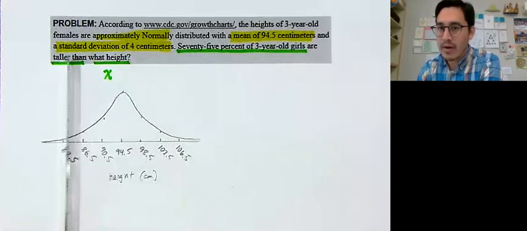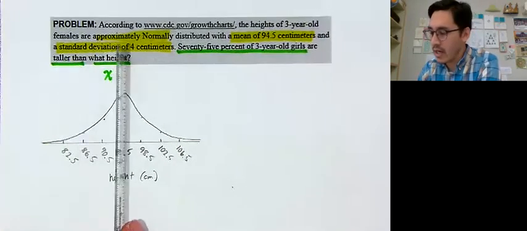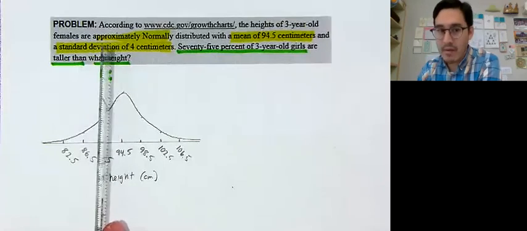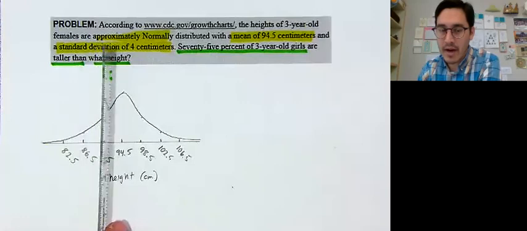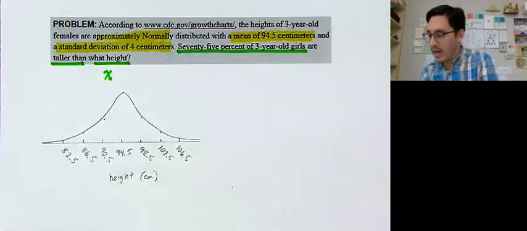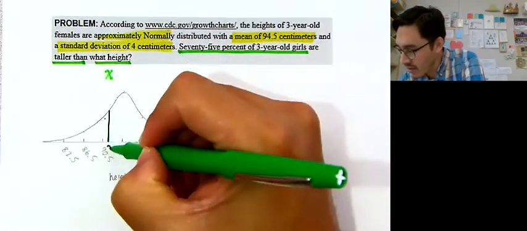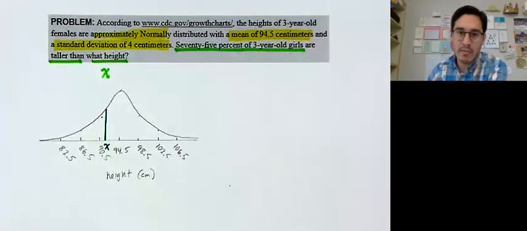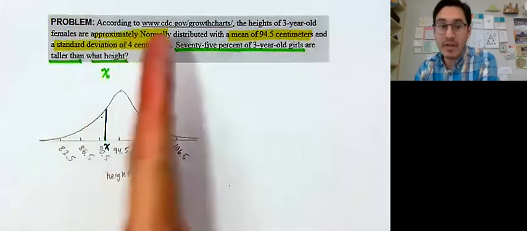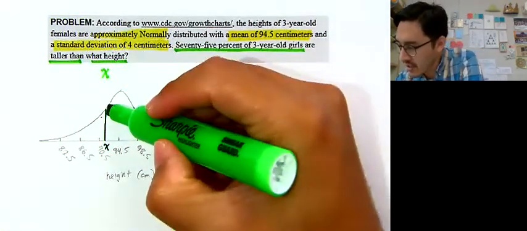So the height where we would have 75% to the right, I'm going to guess is probably somewhere around here. I don't know exactly, but I'm just going to guess that it's probably around here. Now my guess might be completely off, I don't know. But I know it's definitely on the left side. Okay, so then let's shade this.